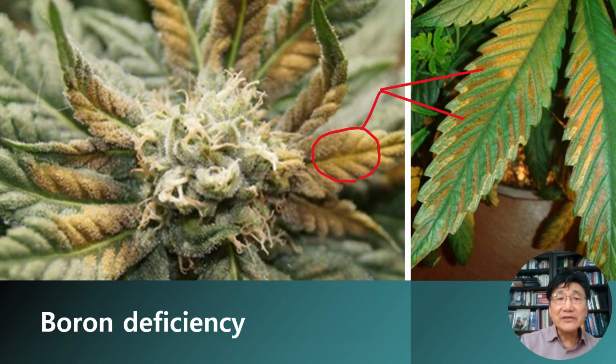If boron deficiency occurs, necrosis between leaf veins appears. Necrosis means localized death of plant tissue. Under excess boron, all the foliage is affected first, with symptoms including interveinal or marginal necrosis.